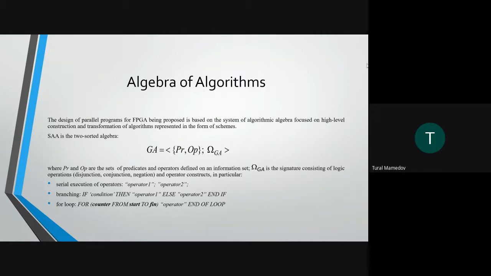and omega is the signature consisting of logic operations like disjunction, conjunction, negation, and operator constructs, in particular the serial execution of operations, branching conditions, and for loop.